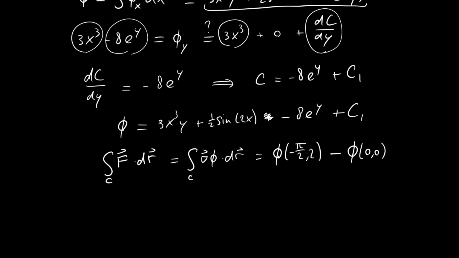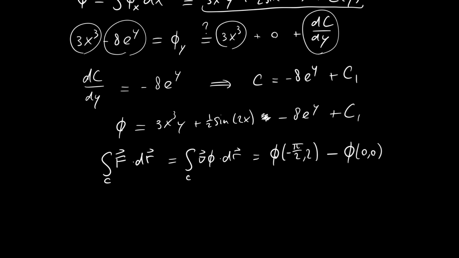So let's evaluate this thing, phi at minus pi over 2 comma 2. What's that? That is 3 times minus pi over 2 cubed times 2 plus a half sine of 2 times minus pi over 2, that's minus pi, minus 8 times e to the power 2.